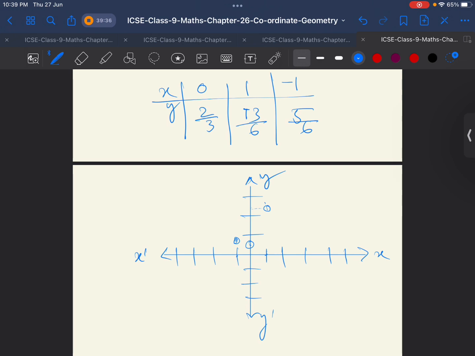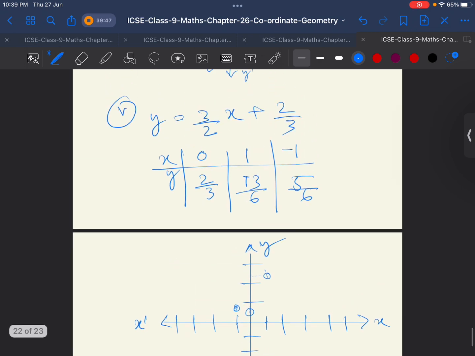so for x equals minus 1: minus 3/2 plus 2/3, which is minus 9 plus 4 over 6, minus 5/6.